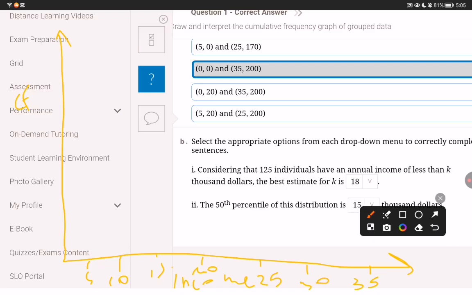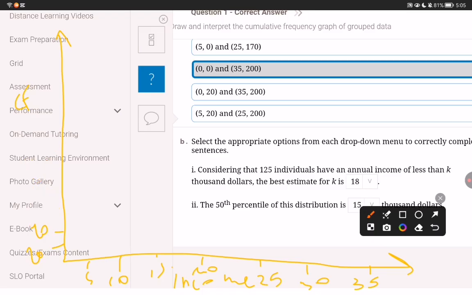Now here, 20, 40, 60, 80, 100, 120, 140. Now I'm gonna make them a bit wider.